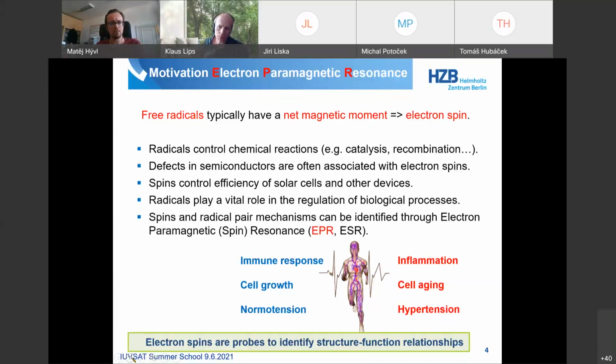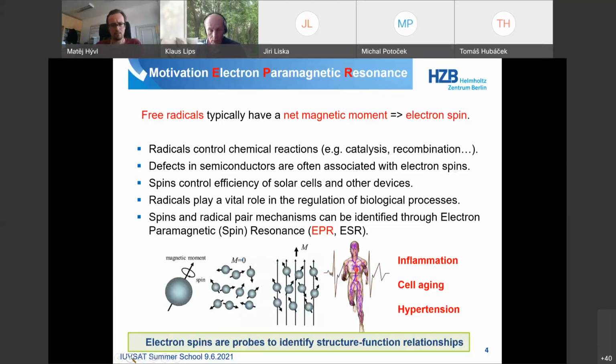Of course, in biological processes, these radicals are extremely important. We know that if you get an inflammation, this is induced by radicals. Cell aging is radicals. Hypertension goes through radicals. So if you understand what this radical is that is doing something, and you probe its environment, you learn something about the structure-function relationship of such radicals. And that is actually what my work is about.